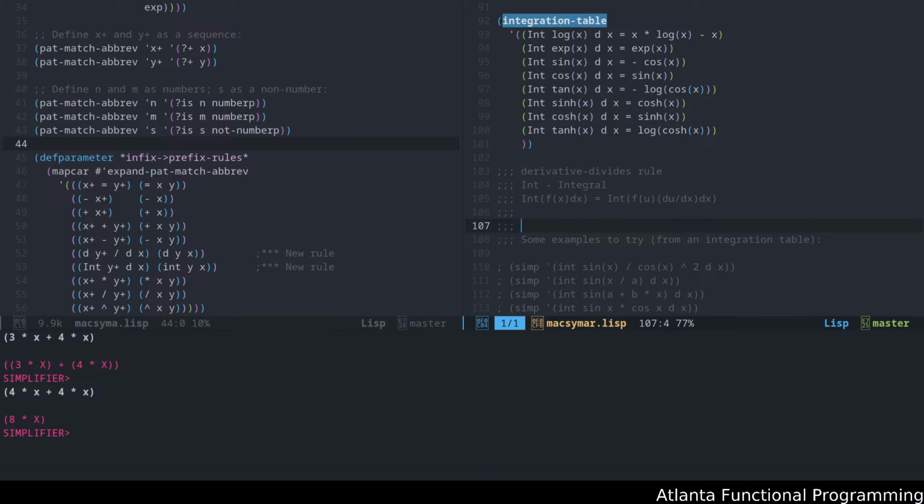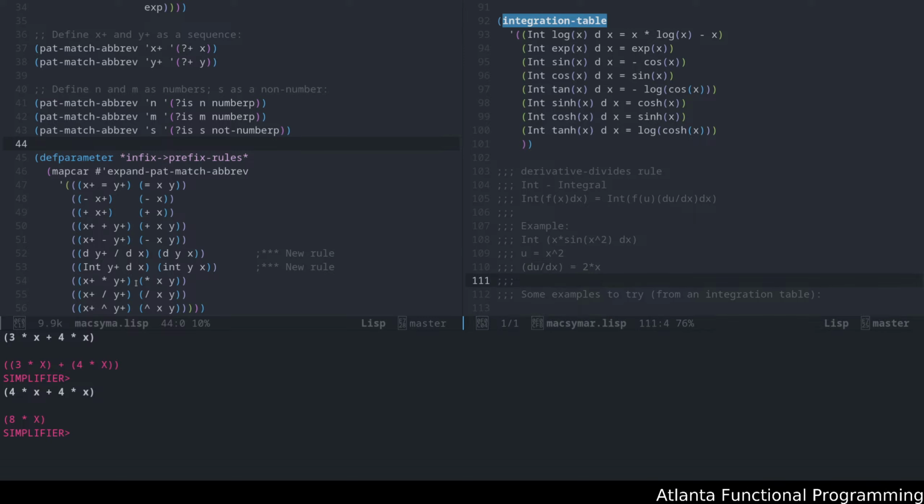So if you have the integral of x times sine x squared dx, if you substitute u to being x squared, then du by dx equals 2 times x, right?